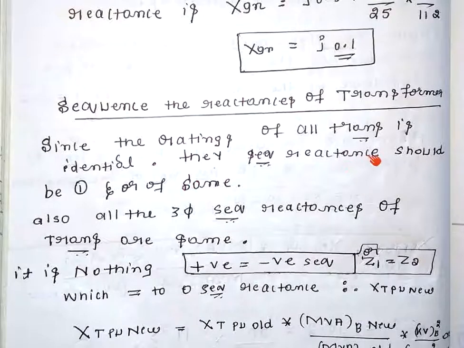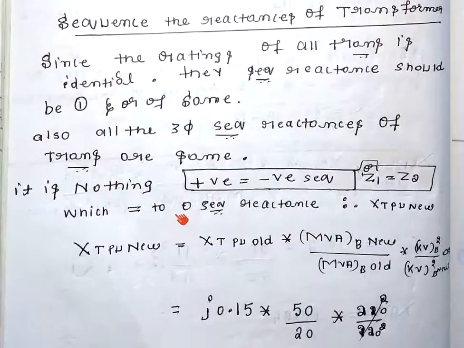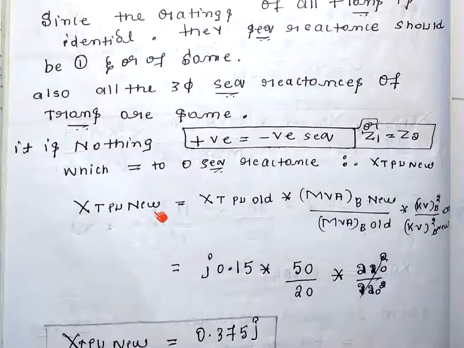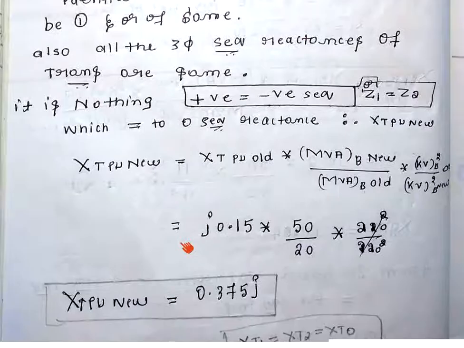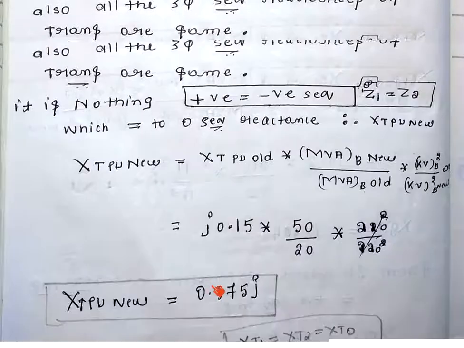Since the ratings of all the machines are identical, their sequence reactances should be the same, because all the machine ratings have been given the same. So also the three-phase sequence reactances of the transformers are the same. It is nothing but that the positive, negative and 0 sequence reactances will be the same. So if you find one reactance, it will be similar to the others.